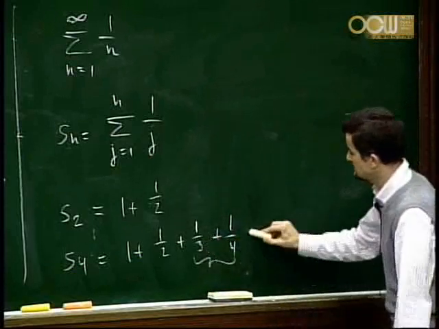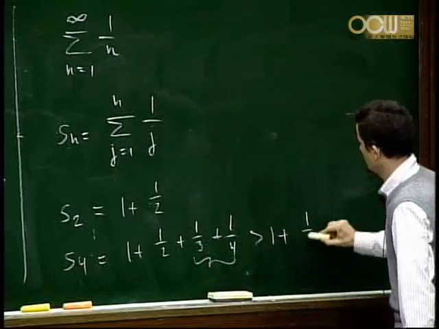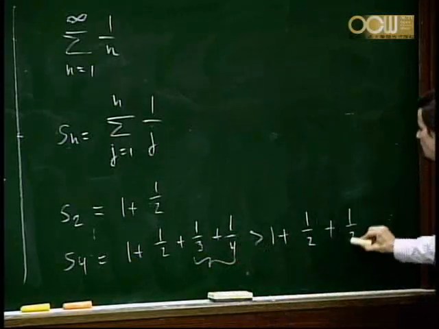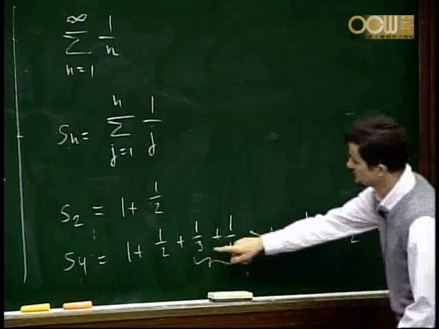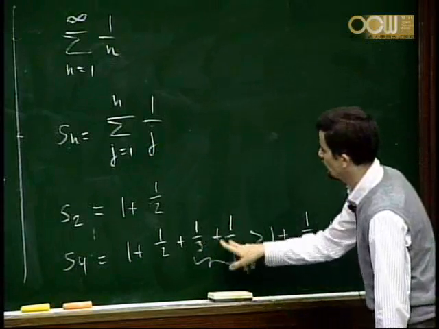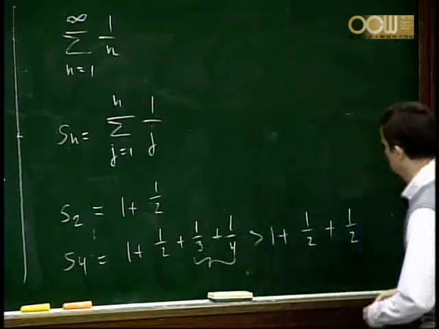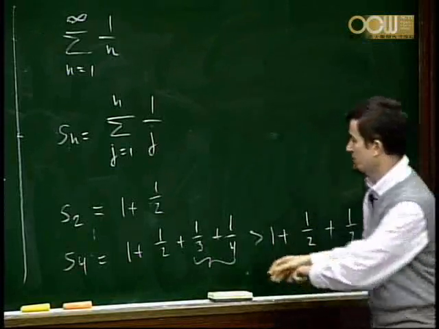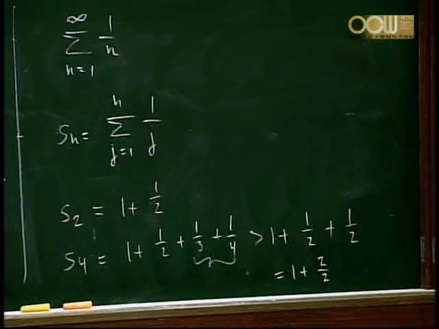So you can write this as larger than 1 plus 1/2 plus, and those two terms you can merge together. So this is also a 1/2. Because 1/3 is larger than 1/4, and those two add to 1/2. So what you get is 1 plus 2/2. Maybe it looks a little bit awkward the way I write it, but it will be clear in a minute.